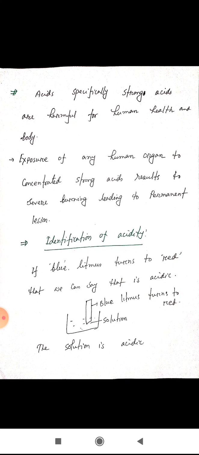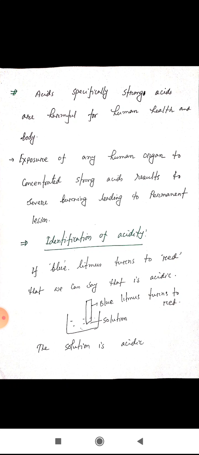So how can we identify whether a solution or something is acidic or basic? I am talking only about acidity. We can identify acid by using litmus paper. With acid, the blue litmus turns red.